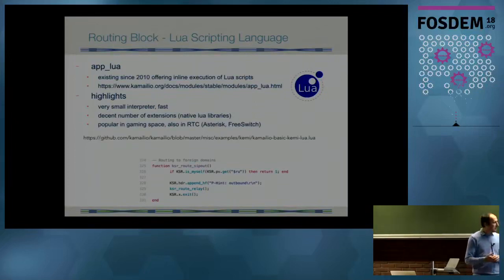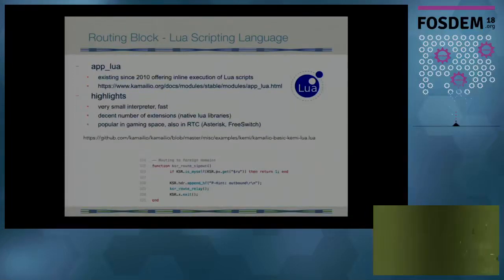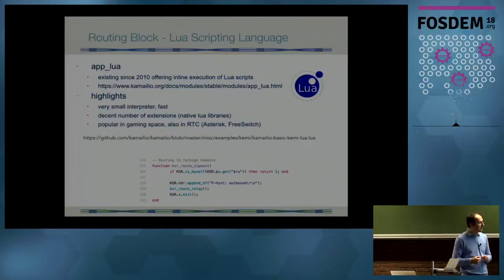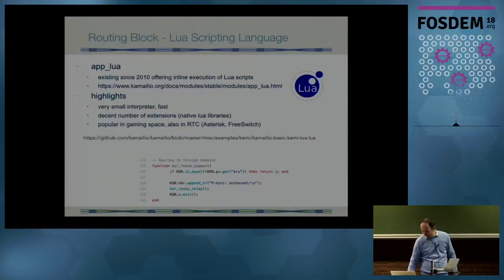And of course, one of the features you have with this scripting engine is that you can now reload this scripting file without restarting Kamailio. So down there is the equivalent that you would have to write in Lua.